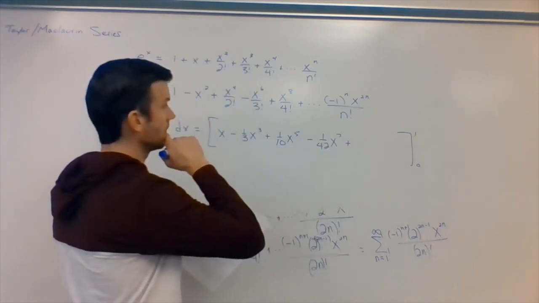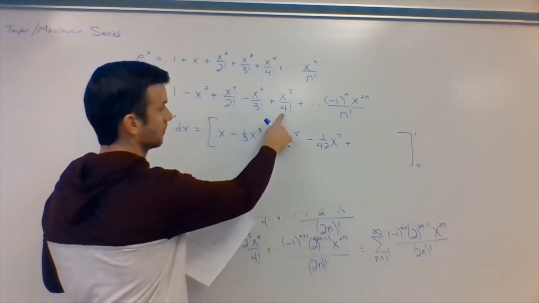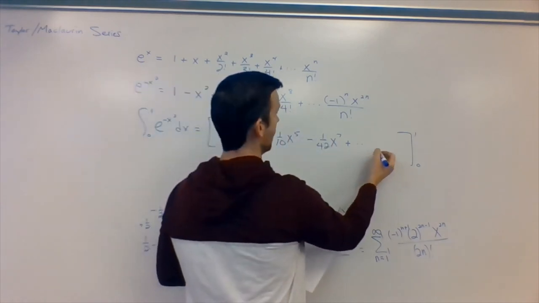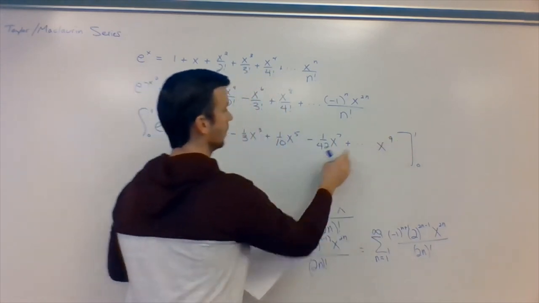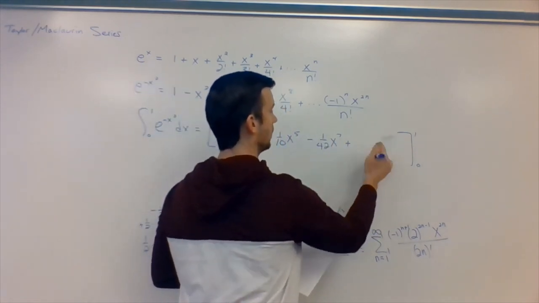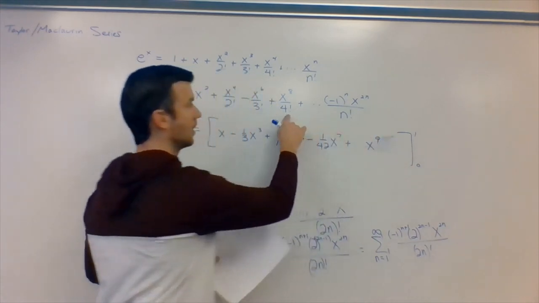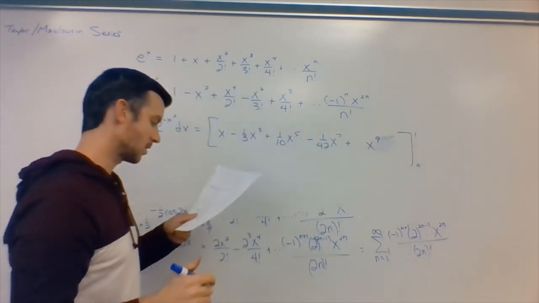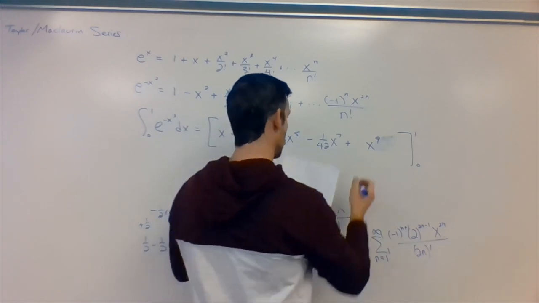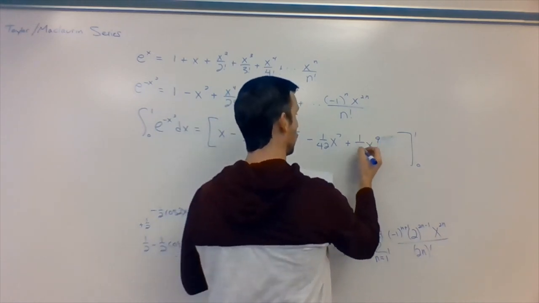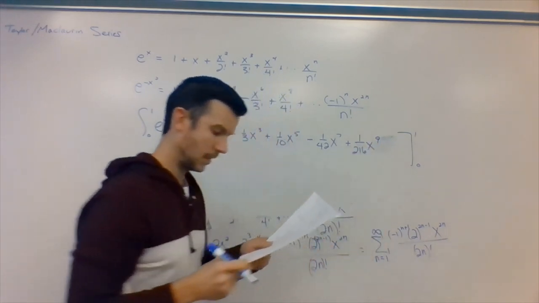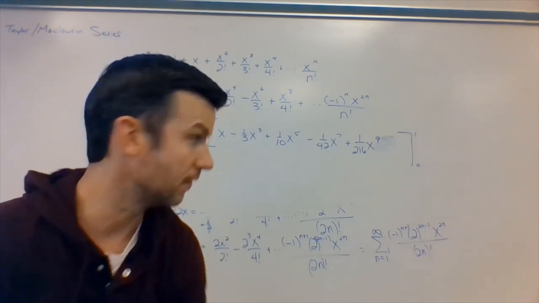So the next one would be the antiderivative of this. Okay, so that's going to be an x to the 9th. An x to the 9th, we need to divide by 9. So that's 24 times 9 on the bottom, which is 216. So we get 1 over 216. That's 0.005.